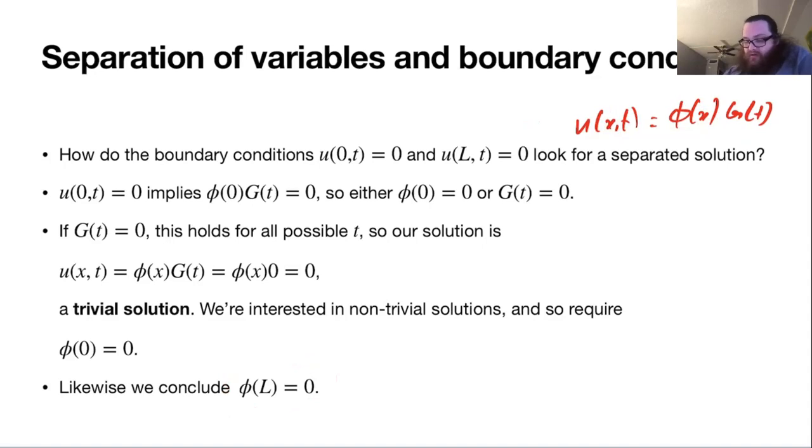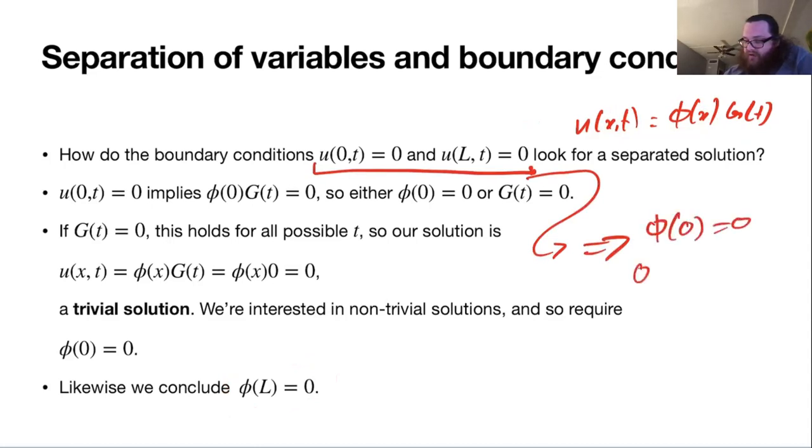All right, so the takeaway here is that these two conditions right here imply that phi of 0 is 0, and then phi of L is equal to 0. Okay. Cool.